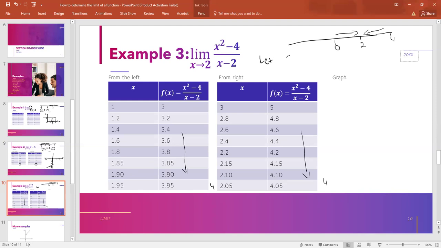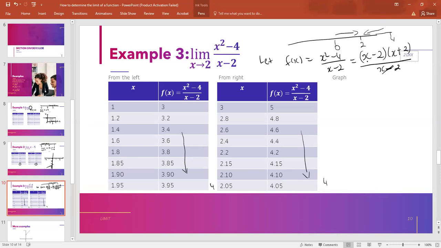Let f of x here be equal to x squared minus 4 over x minus 2. This is the same as x minus 2 times x plus 2, the difference of 2 squares, because 4 is 2 squared, right? So you're going to have x minus 2 times x plus 2 divided by x minus 2, right?